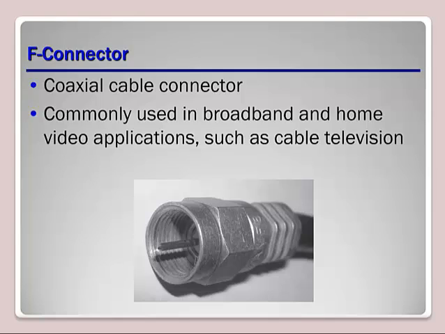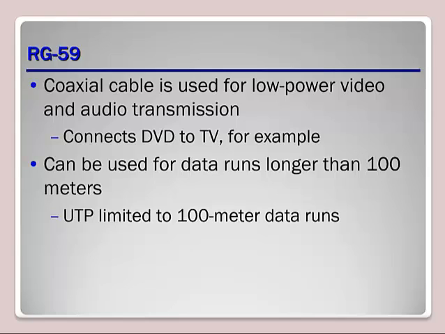Let's take a look here next. Okay, so there's the F connector. F connectors are usually used on coaxial cables in broadband and your home cable television. You have seen these around. All right, RG59s. Coaxial cable is used for low power video and audio transmission, connecting your DVD to your TV.